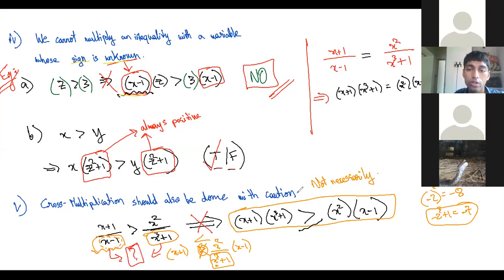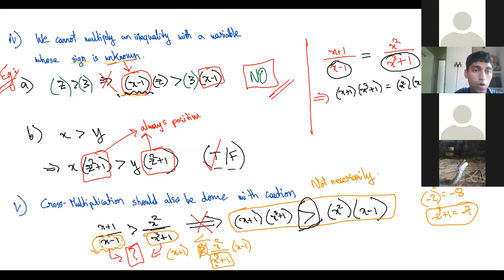Why? Because you cannot define what the inequality becomes. Unless you know the sign of this term and this term, how can you tell how the inequality will change? We have already seen that if you multiply with a negative term, the inequality reverses.